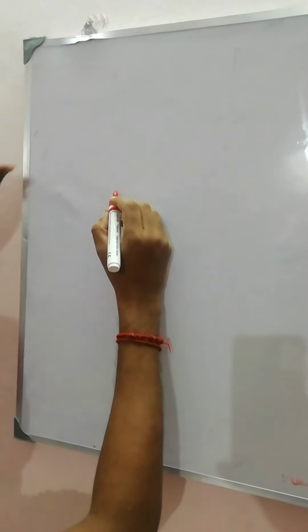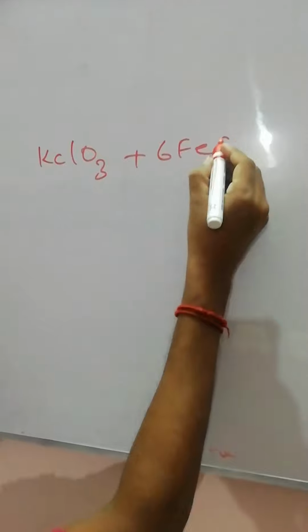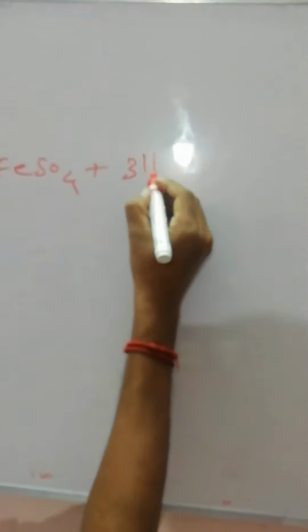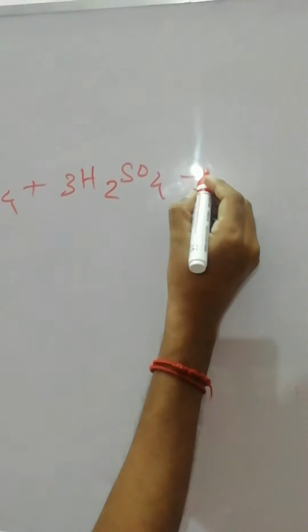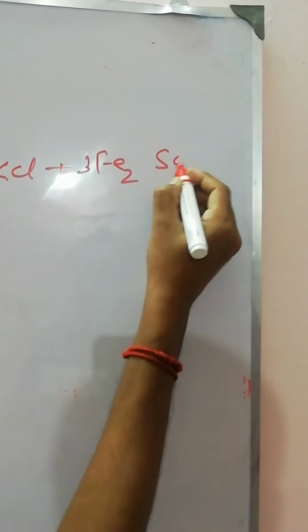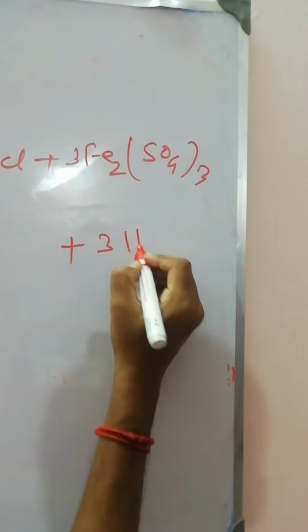One more example. KClO3 plus 6FeSO4 plus 3H2SO4 gives KCl plus 3Fe2(SO4)3 plus 3H2O.